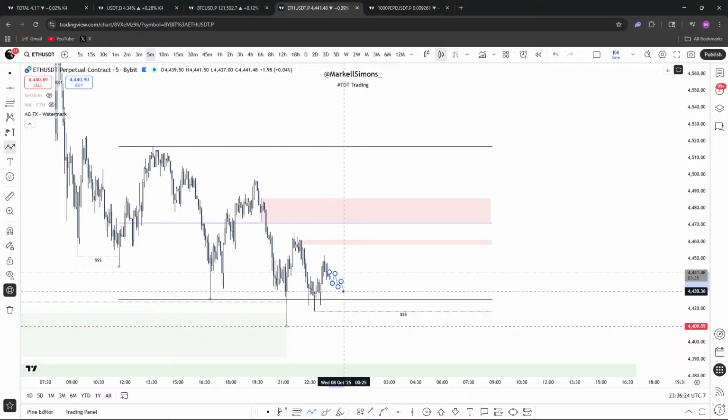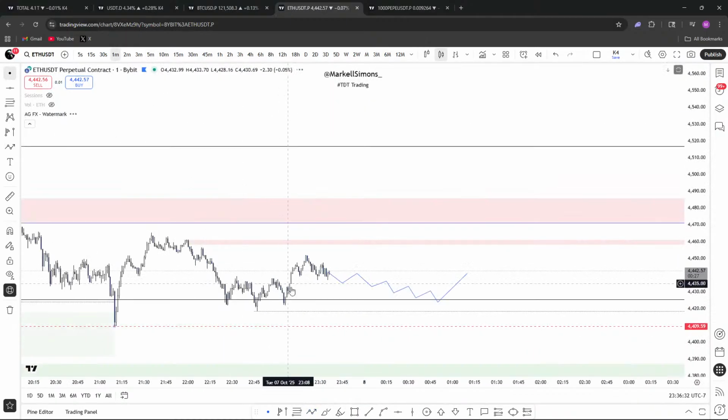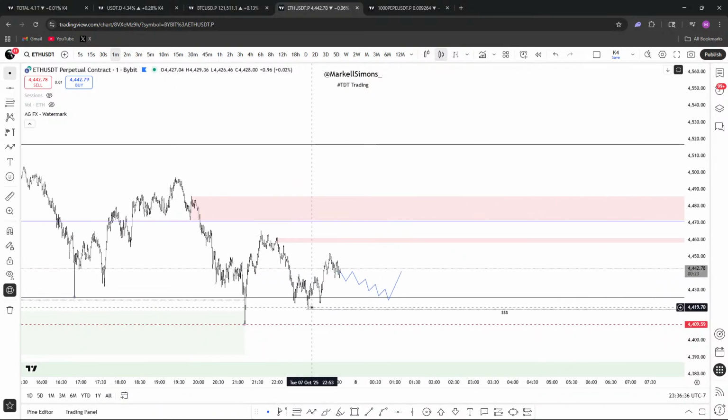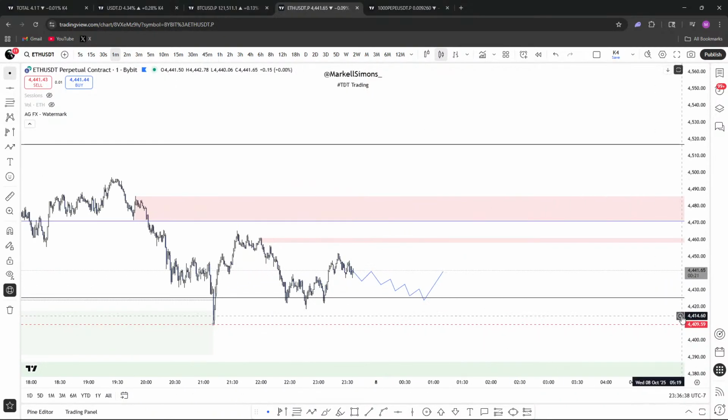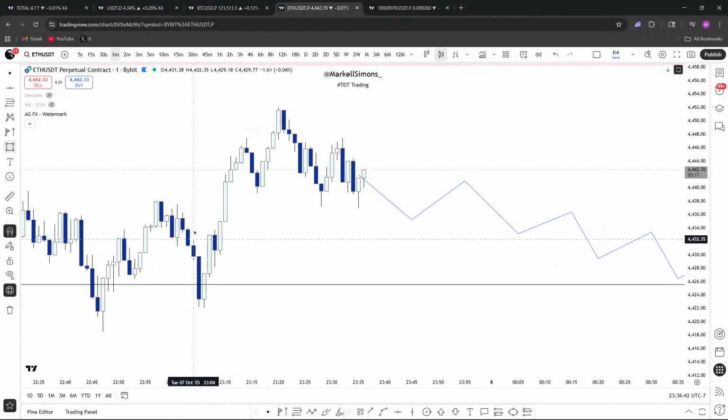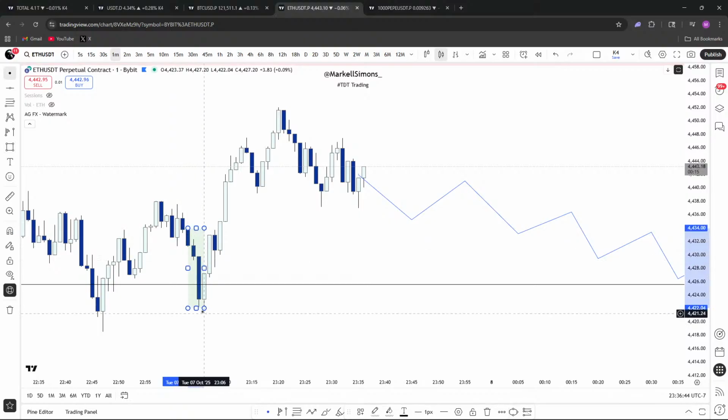Okay. Would I prefer us to take that low or get the higher low for the higher high? Probably the higher low for the higher high. So maybe we have a demand POI that we can bounce from. Yes, we do. Okay.